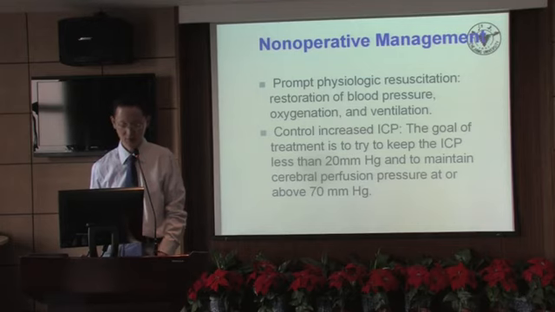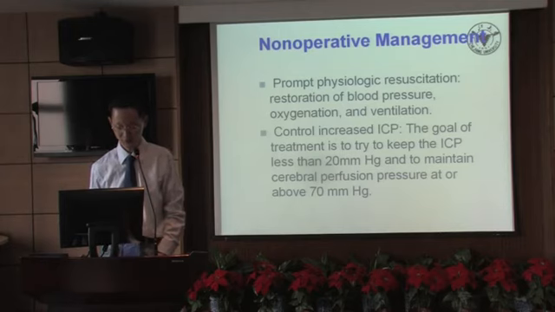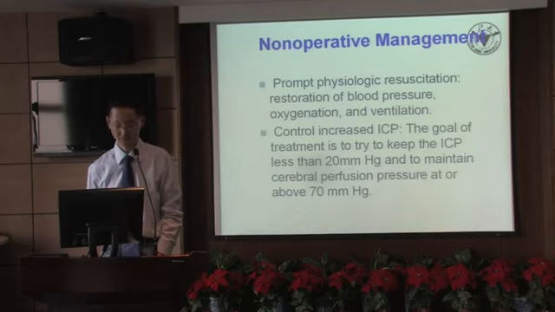The first thing we should do is restoration of the blood pressure, oxygenation, and ventilation. A patient with a significant clot or contusion should be taken to the operating room for evacuation, provided there is no severe coagulopathy.